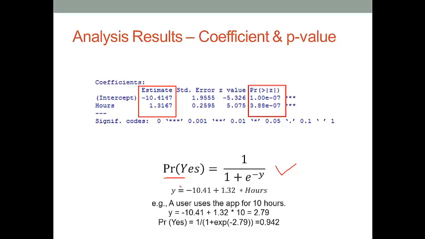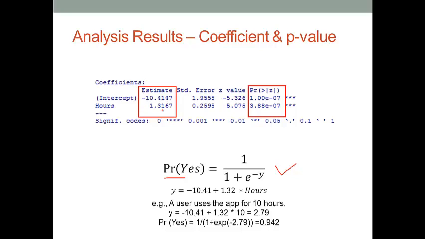When we calculate y, we have to use the reports from the analysis result. According to the estimate in the result, we can build the equation to calculate the y value. According to the current result, y equals negative 10.41 plus 1.32, I round the number, 1.32 times hours.